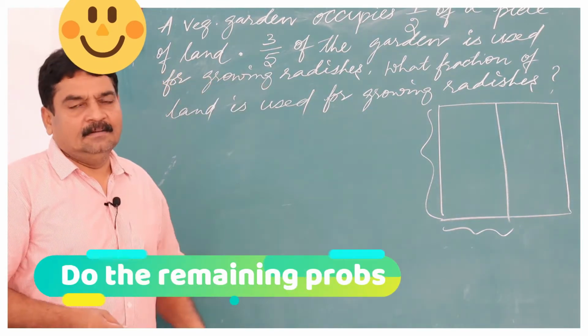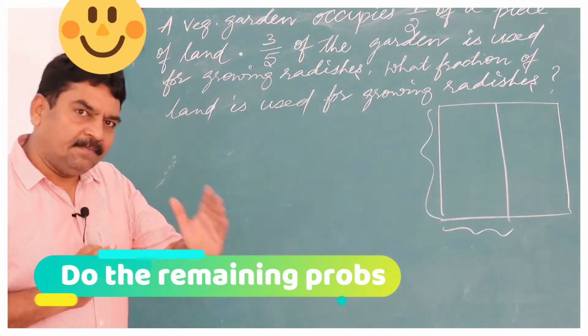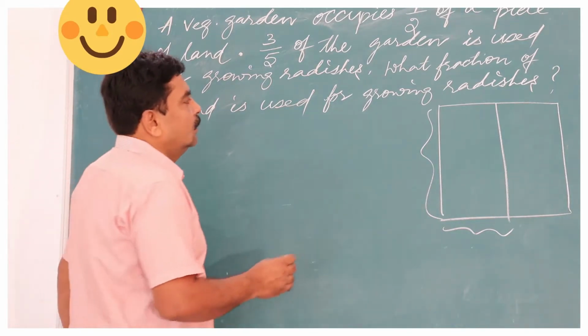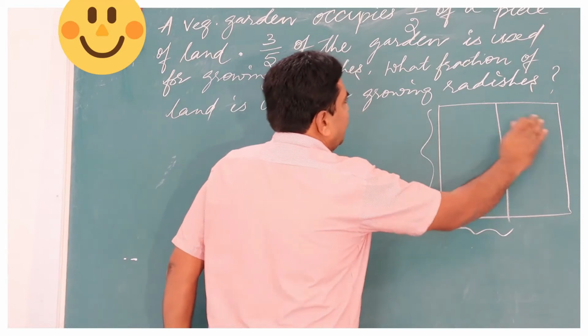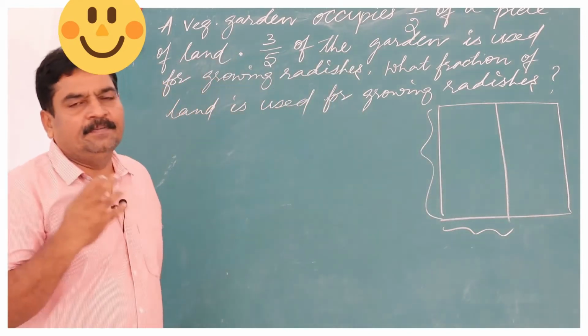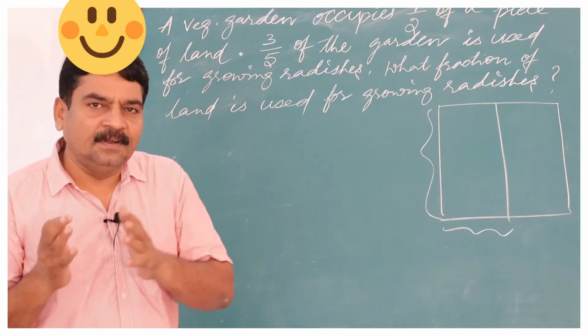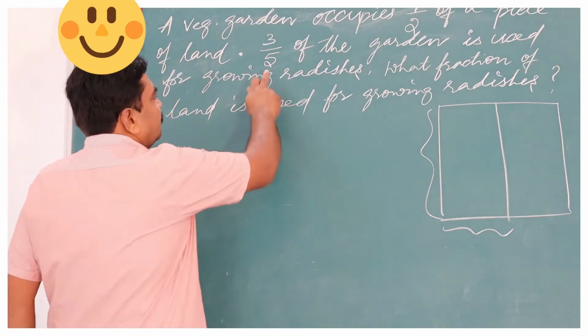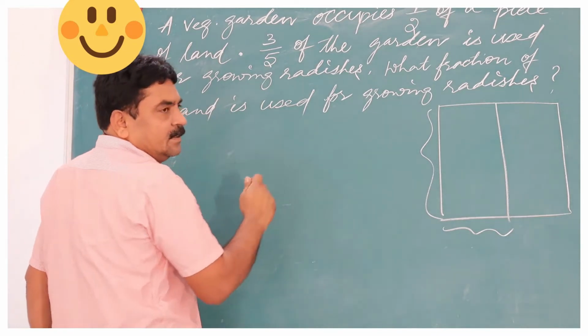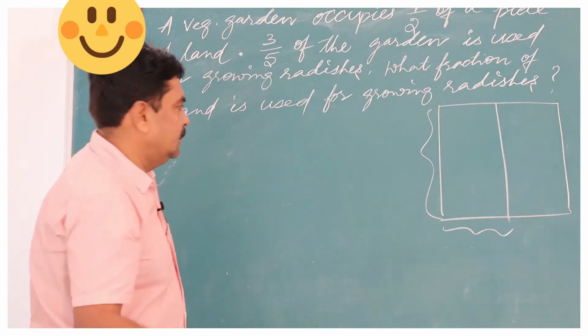3/5 of that garden. Half of the 3/5 means the total is how many parts? As I told you, in a fraction the denominator always refers to the number of divisions. That is 5. 3/5 means the whole is 5 parts, right?